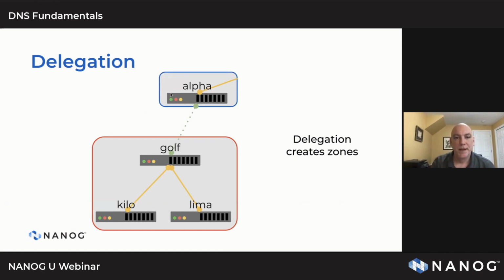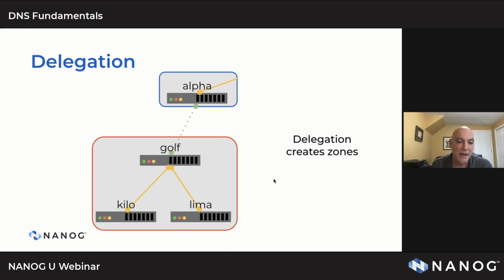And again, I've talked before my slide, so I was pointing out all that stuff on the prior slide, but this is exactly what I was talking about. I'm not going to redo it. But again, this delegation occurs between the parent domain, alpha, down to golf in this case. There could be two scenarios here that would work.